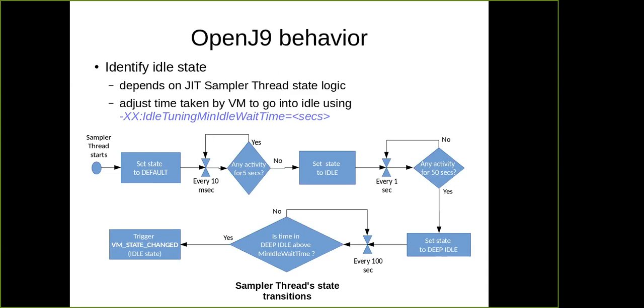So when it wakes up, only at that point can it declare the VM as idle, if the min idle wait time has elapsed at that particular point. So this is in short the logic that we use for identifying the idle state of the VM.